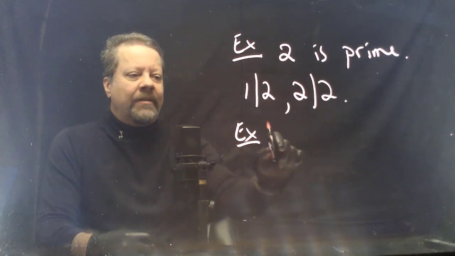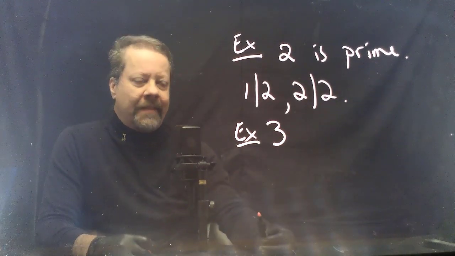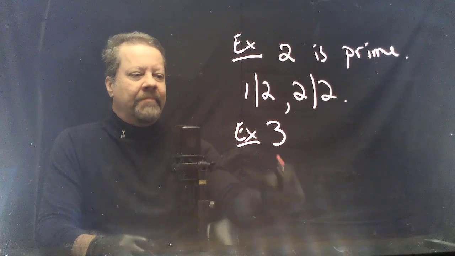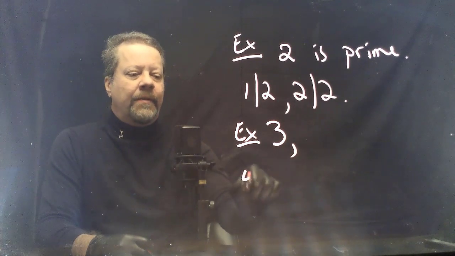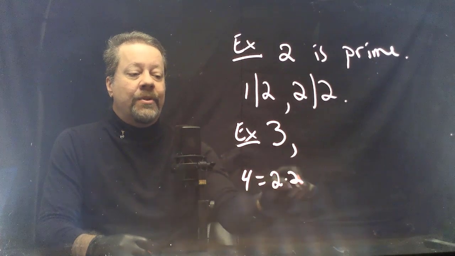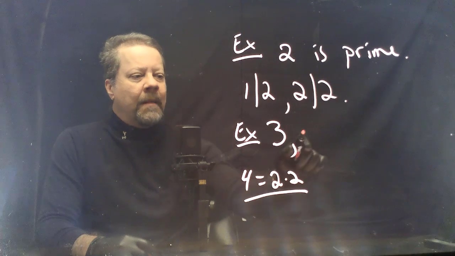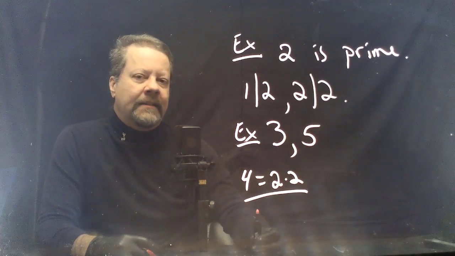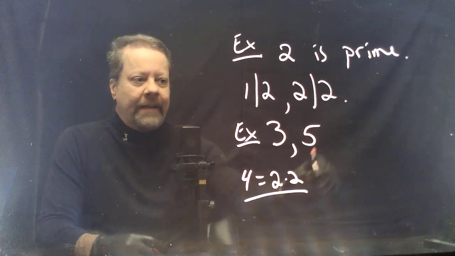What about 3? 3 is 1 times 3. The only things that go into 3 are 1 and 3. What about 4? 4 is 2 times 2, so it is composite and not prime. What about 5? The only things that go into 5 are 1 and 5, so it's prime.